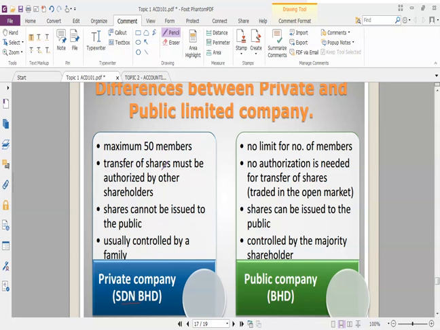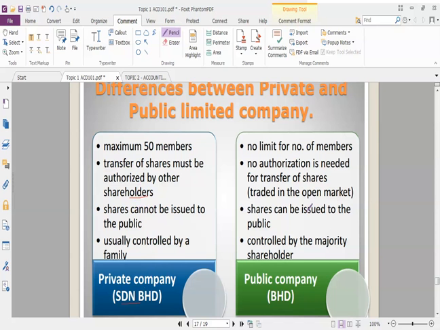Transfer of share must be authorized by other shareholders. Shares cannot be issued to the public, and the company is usually controlled by a family. That is the private company.